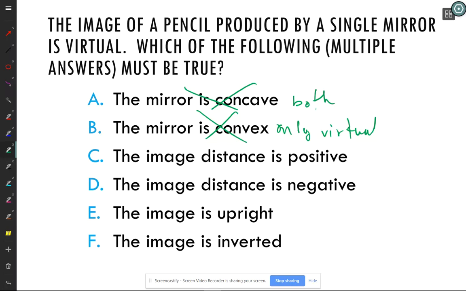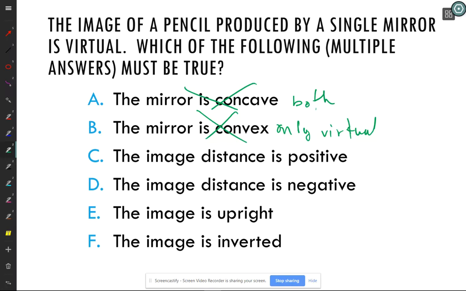If it's the projected rays, then you have negative. So anytime it's projected rays, it's going to be negative. What? There's no rays on a negative side. Right, well, for a mirror. For a lens, you have them on both sides, and you have to be more careful, because light goes through. So because it's projection, it's a negative image distance.